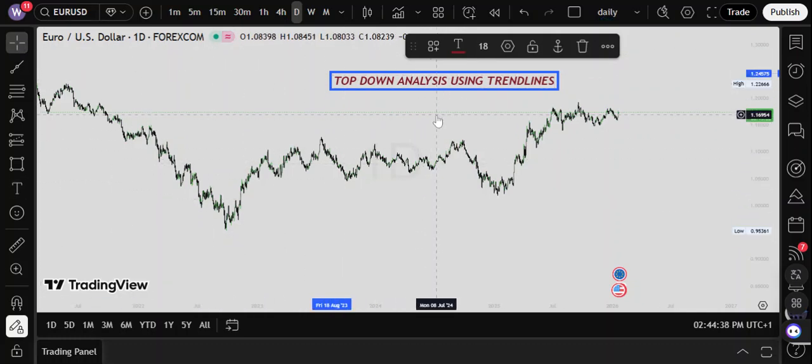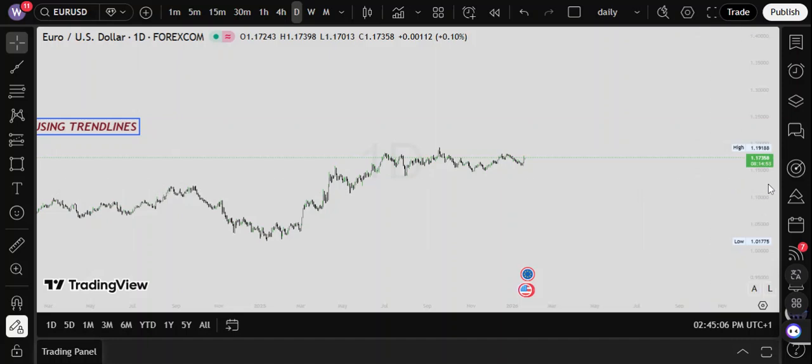Top-down analysis using Trendline. A lot of people are familiar with top-down analysis, but today we'll be looking at how you can effectively use it using trend lines and how you can progressively do your analysis to help you scale. So, without wasting much of our time, let's get straight into the video.